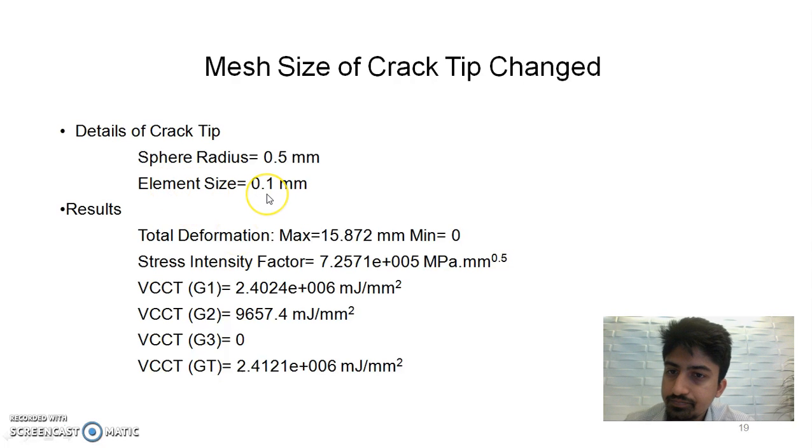At the initial mesh size it was 17 millimeters, but now the deformation is about 15 millimeters. The stress intensity factor is increased somewhat. It's about 7.257 now, times 10 to the power 5 megapascal root millimeter, and the viscosity values remain more or less the same, I suppose.